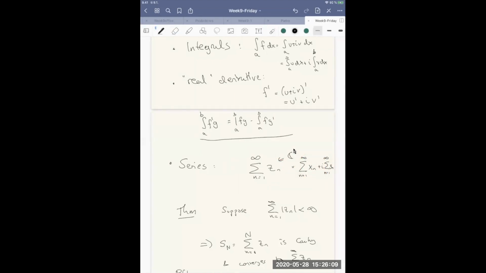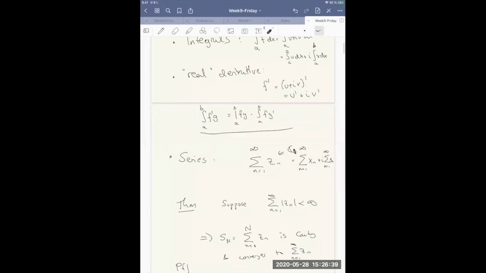And what it means, whenever we say a series of whatever object converges, is that the sequence of partial sums as n goes to infinity converges. So that sequence of partial sums, which has the real part, sum of xn, and sum of yn, converges if and only if, in the product metric, the components converge. That is, the component series converge.